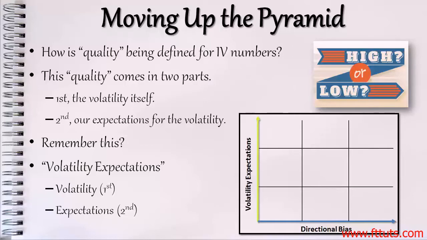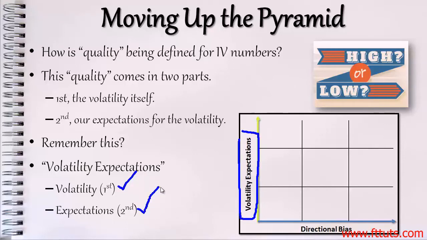So this quality in terms of implied volatility comes in 2 parts. Number 1 is the volatility itself, and number 2 is our expectations for the volatility. And hopefully you remember this graphic, but on our y-axis over here, we have volatility expectations. So the first part, volatility. The second part, expectations.